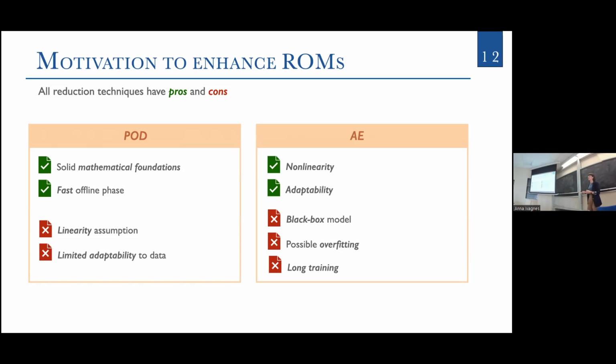The autoencoder, on the other hand, is nonlinear, so it's more adaptable to the data that you have, but on the other hand, it's a neural network, so you are not able to understand what it's actually doing, so it's black box. And of course, you have to tune it very carefully because otherwise you can have overfitting. So there are also complexities in the autoencoder.